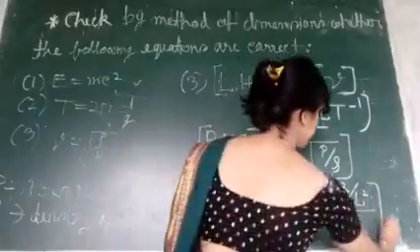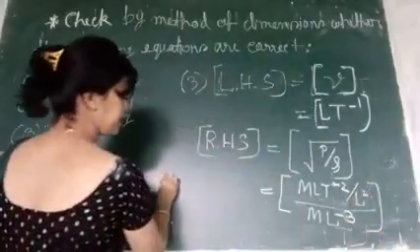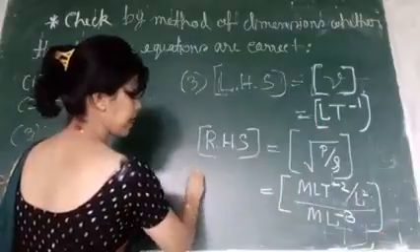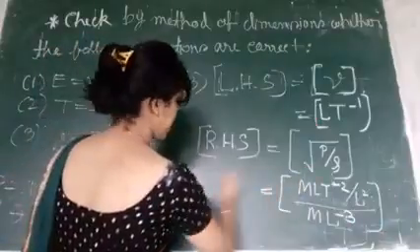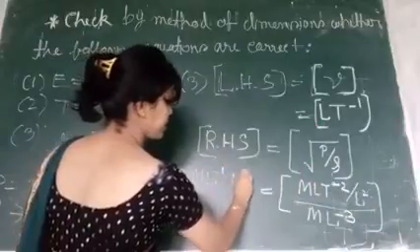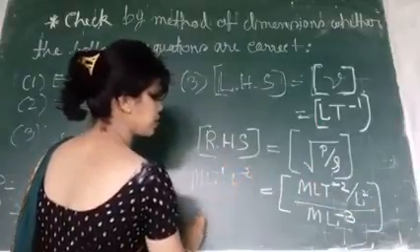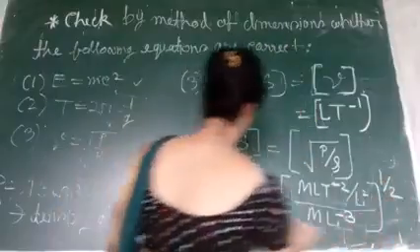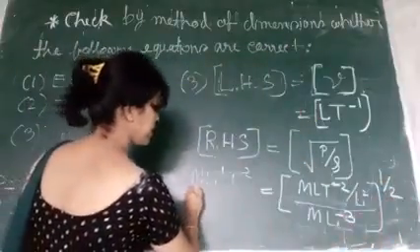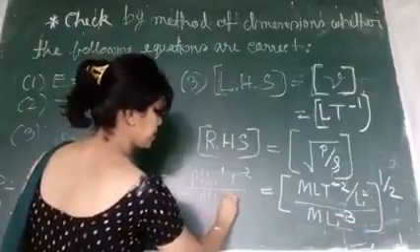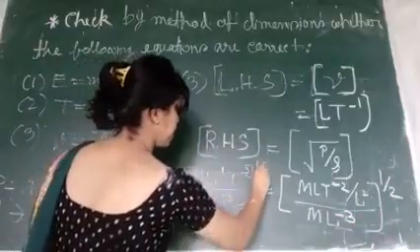So the result will be what? We write here M L to the power minus 1 t to the power minus 2, to the power half, divided by M L to the power minus 3, and the power is half.